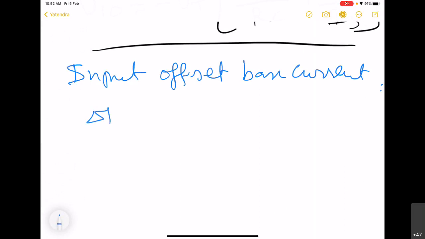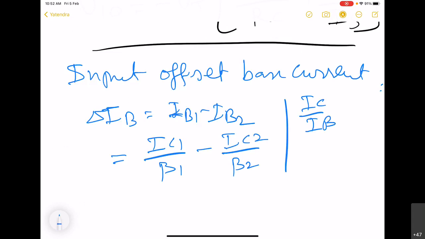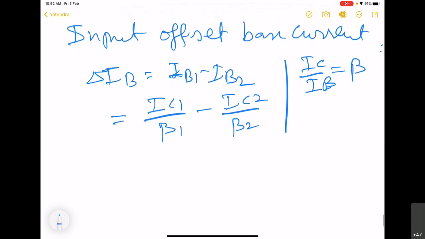So base current delta IB is going to be IB1 minus IB2, and we know that this is equal to IC1 by beta 1. Similarly, this is going to be IC2 by beta 2, because we know that IC by IB is equal to beta for a BJT in active region.